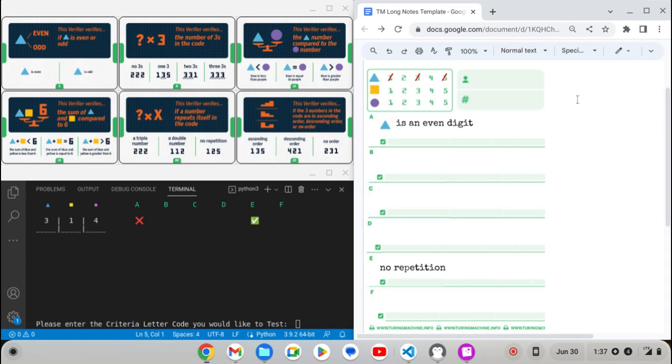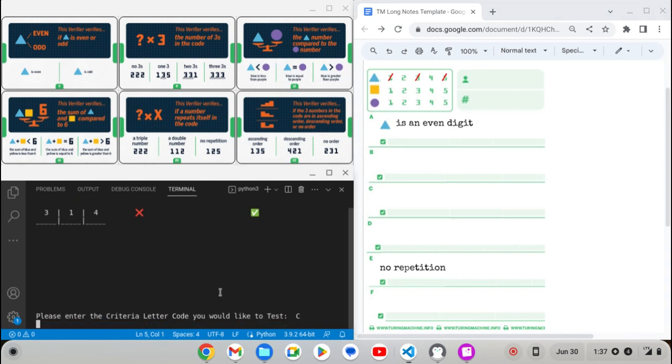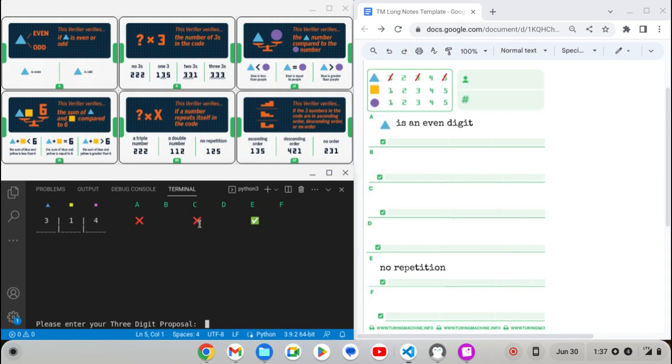So let me go ahead and I'm going to test criteria card C. Okay, so the Turing Machine does not approve of the way I sorted or ordered my triangle and circle. Notice that my triangle value is 3 and my circle value is 4. So it's not true that triangle should be less than 4.